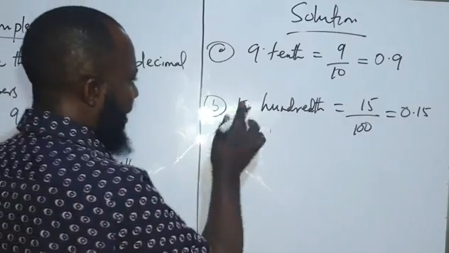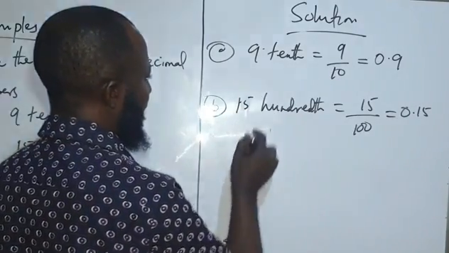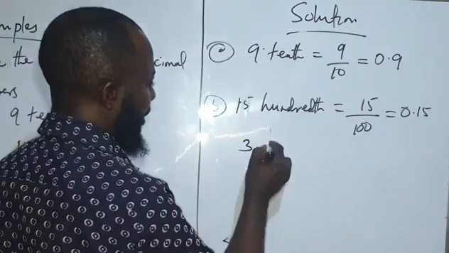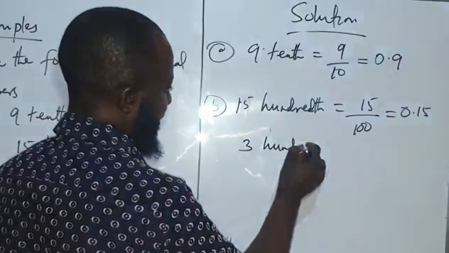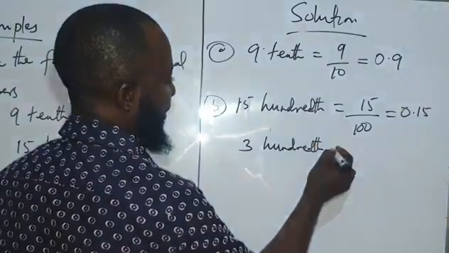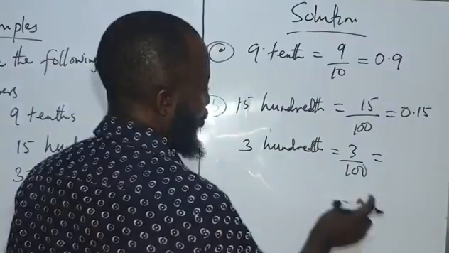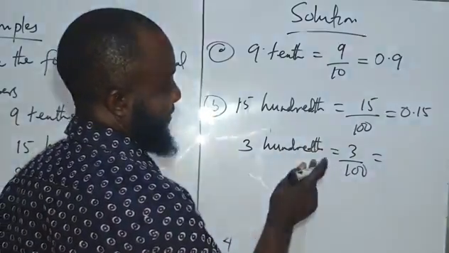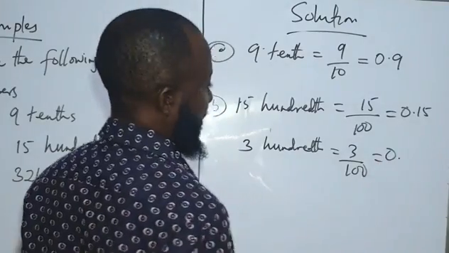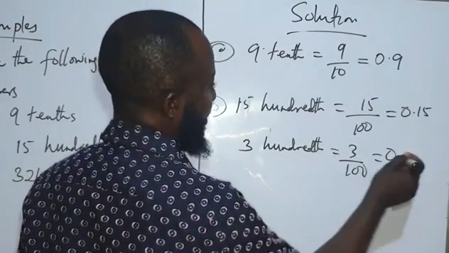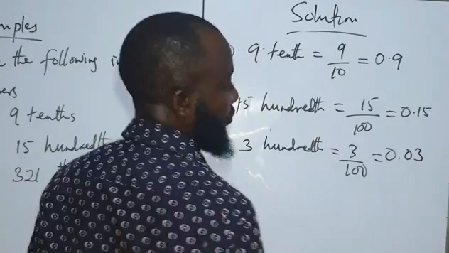Now, for example, if you have 3 hundredths, how do you write this one? That will be 3 divided by 100. Which means you must have 2 digits after the decimal point. You have 0 point, so this is 1 digit. So you must have another 0 to make it 2.